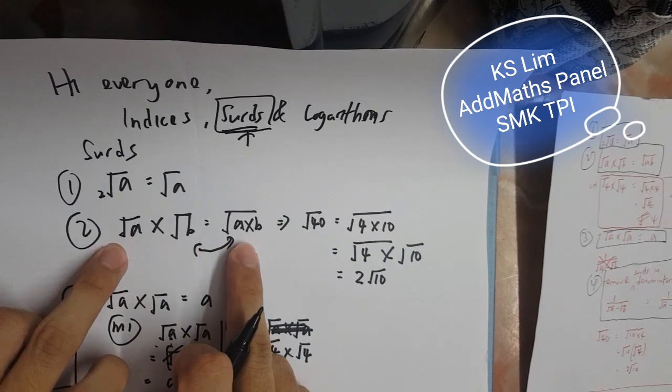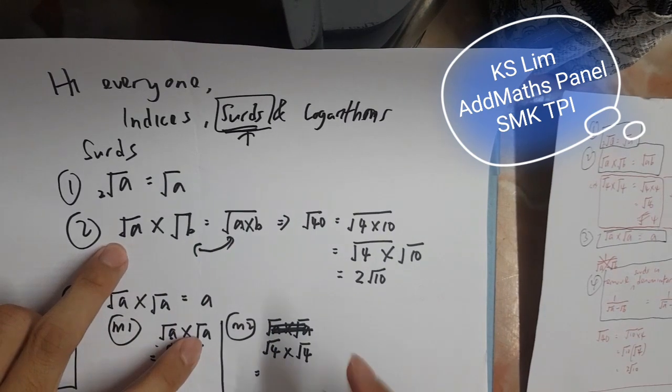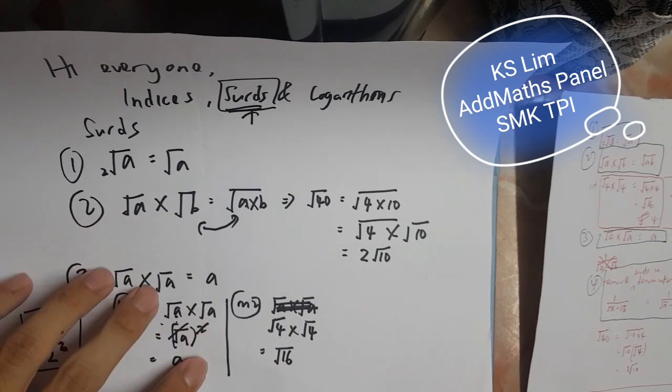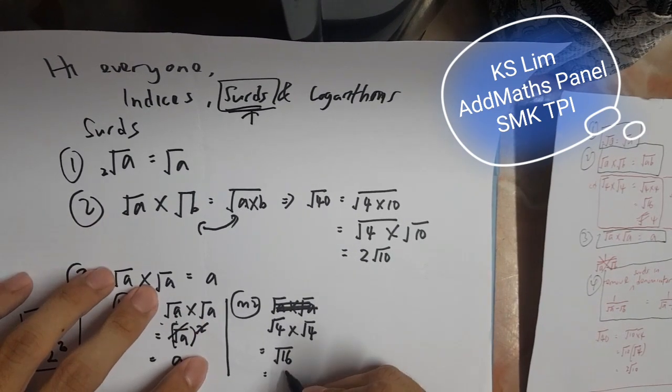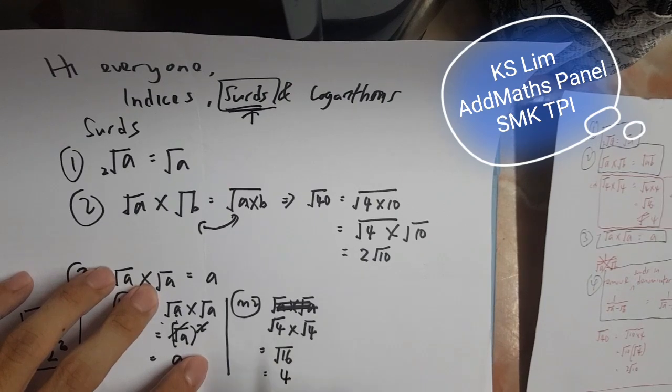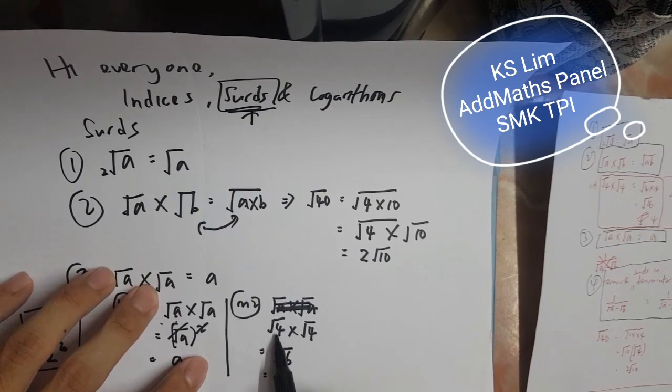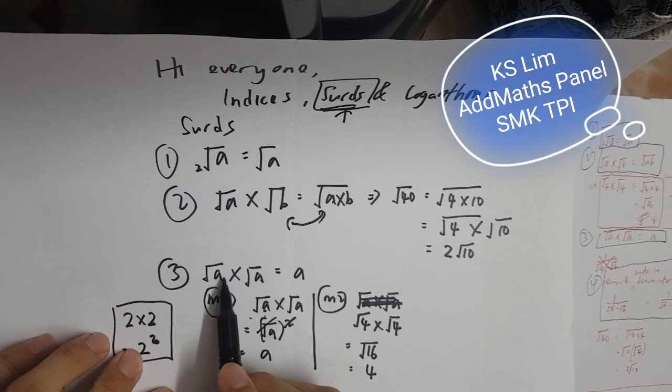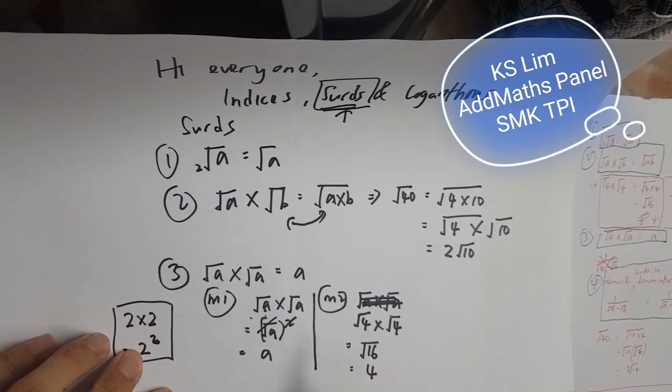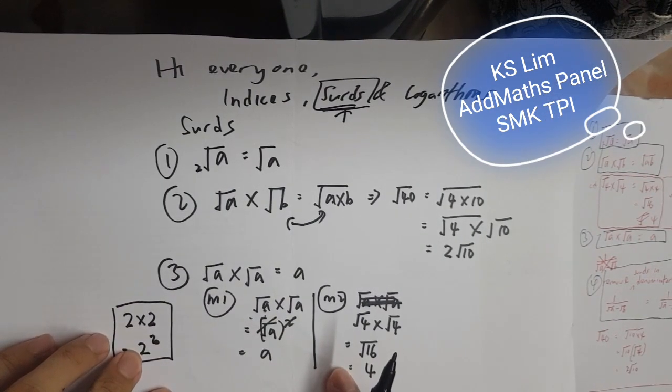So I'll get A times B. So 4 times 4, 16. Then square root 16 means what? Square root 16 is 4. So you can see that square root multiply another square root with the same number, I'll get 4, which is A. So that is the second method to prove it. Is that okay?